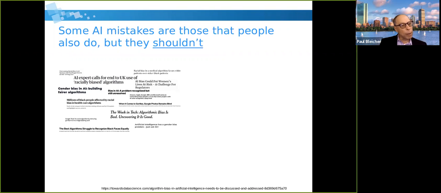And this is the most important aspect of this. They're being used to make decisions in society that can advantage or disadvantage particular groups.